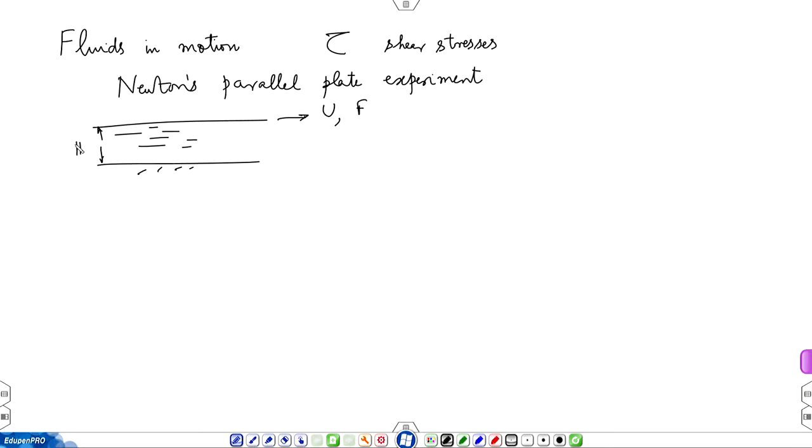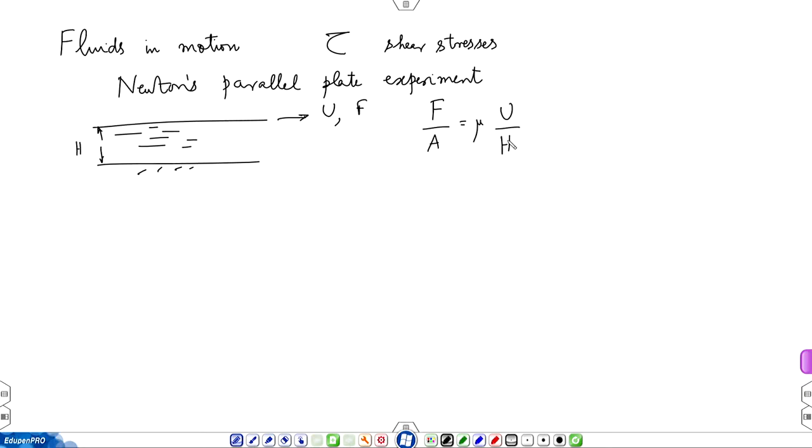And Newton observed that A is the area of the plates, okay, in plane area. This is a plate, that plate has an area A, in plane area is proportional to capital U divided by h with a proportionality constant mu.